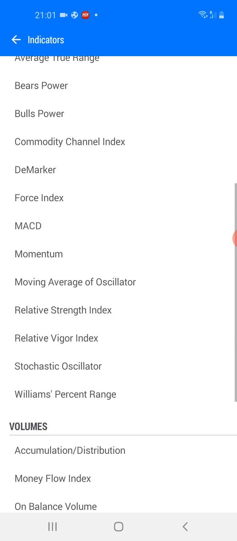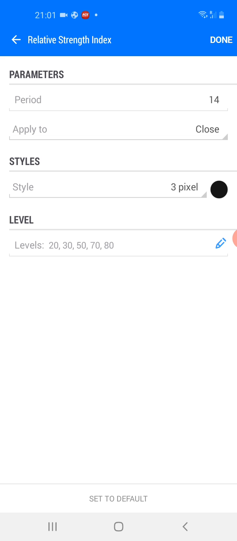So let's go to the F key and apply the relative strength index again. Select the relative strength index. Here you leave the period at 14, apply to close, and I used to like the bigger version, so I selected the third pixel size. Then the color, you can select any color of your choice.